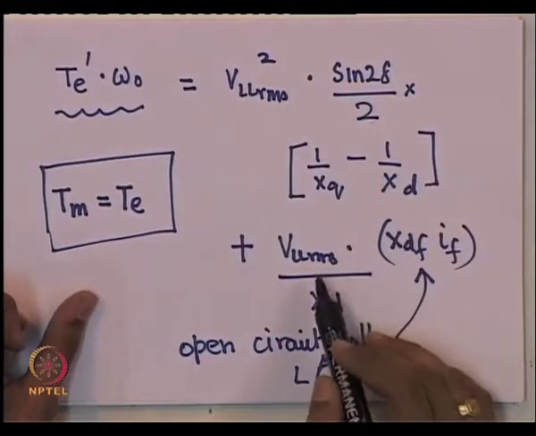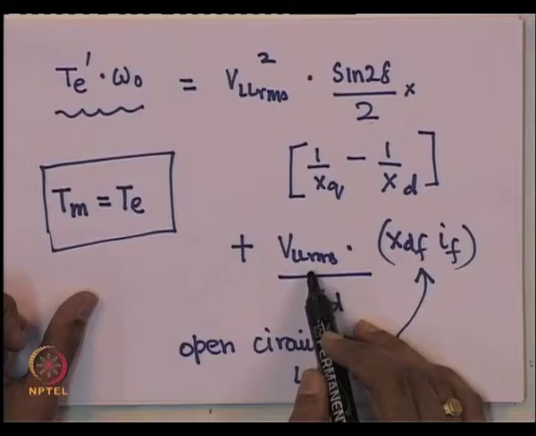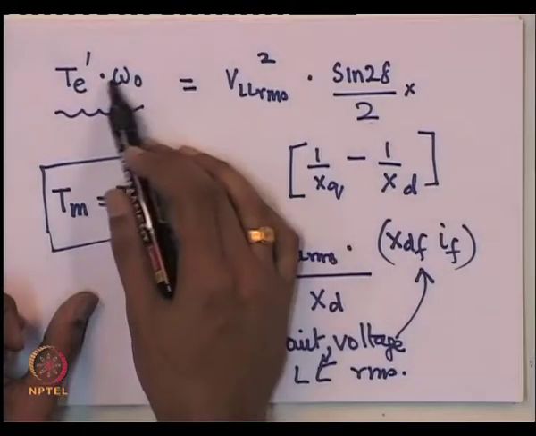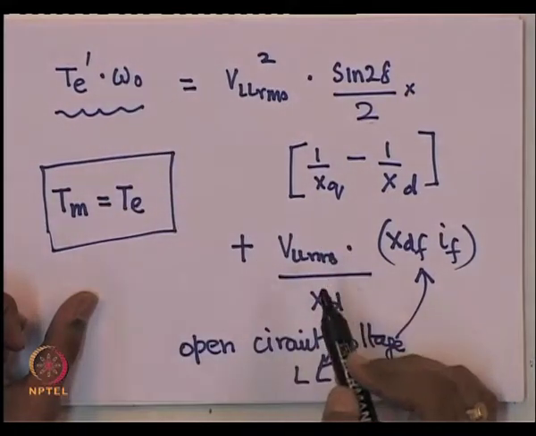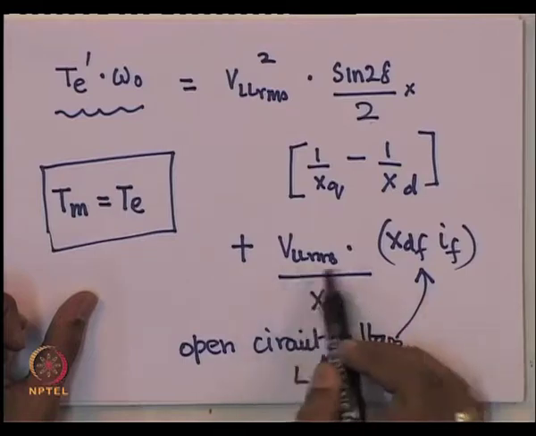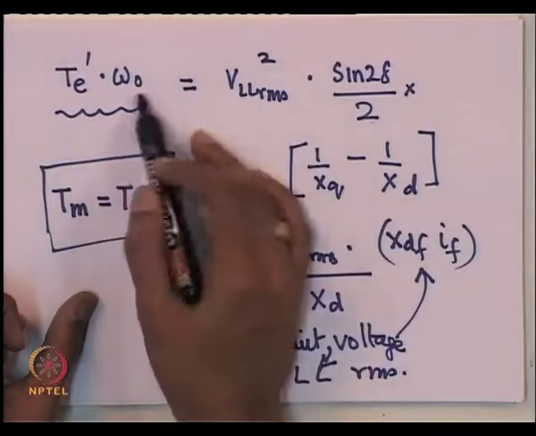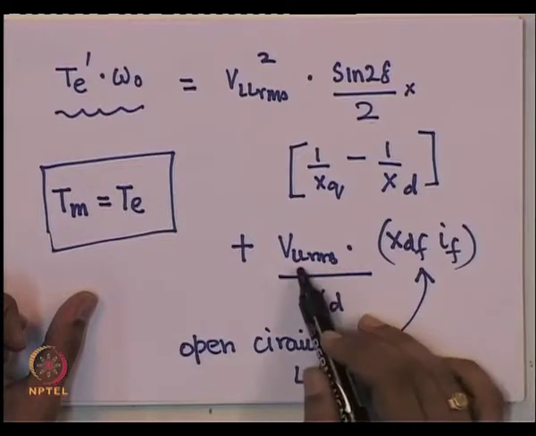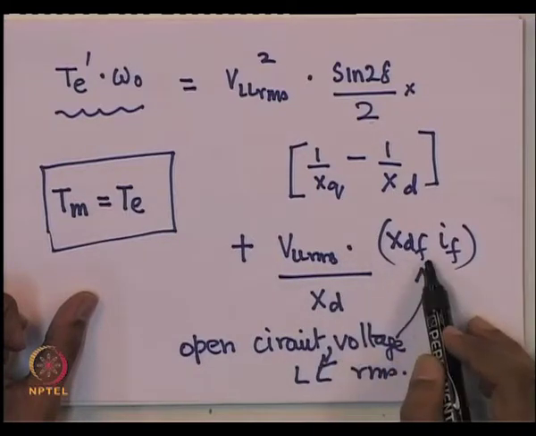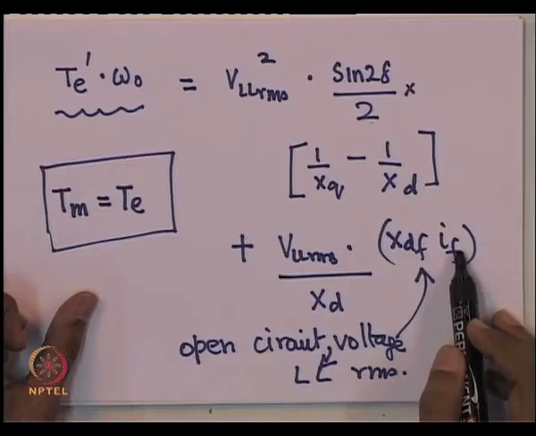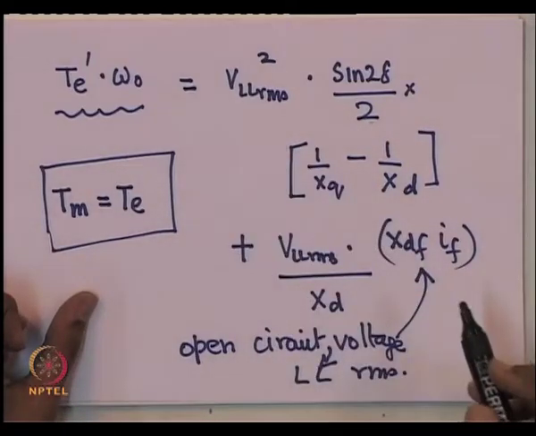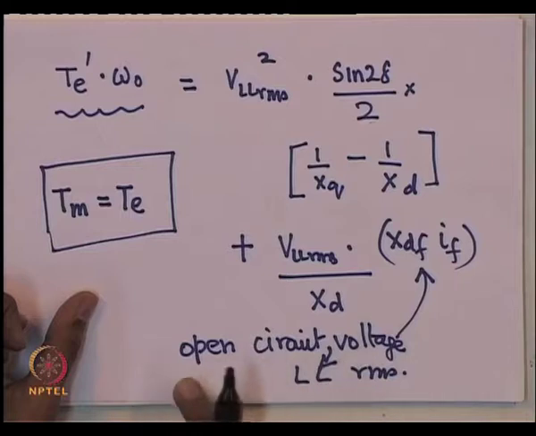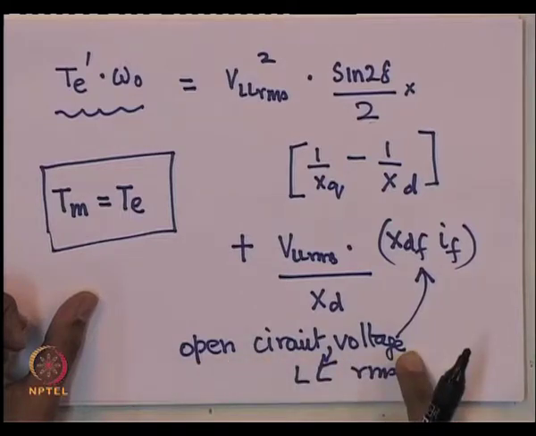In fact, if you multiply it by omega naught, this is the steady state power. The second term of this steady state power equation is V line to line RMS of the applied voltage into x d f into I f. x d f into I f, as we saw some time back, was nothing but the open circuit line to line RMS voltage.